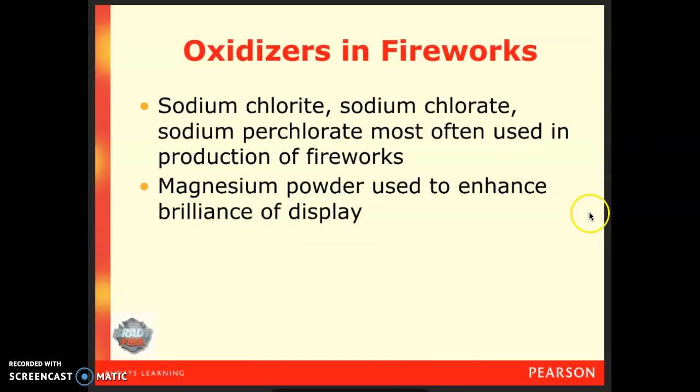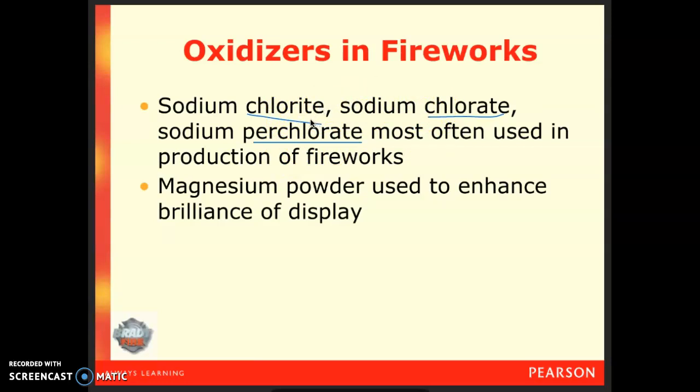Moving on to talking about fireworks. We find that the chlorate family of materials, sodium chlorite, sodium chlorate, sodium perchlorate, are used in fireworks production. These are your primary oxidizers in those reactions.